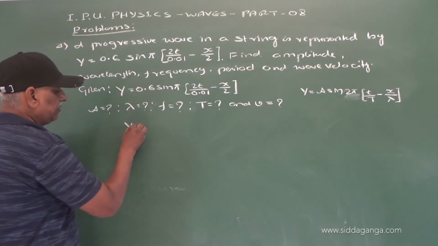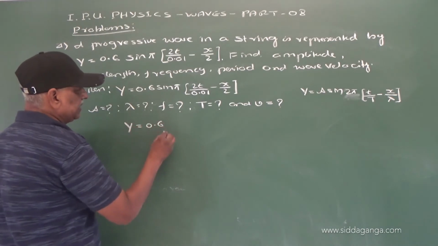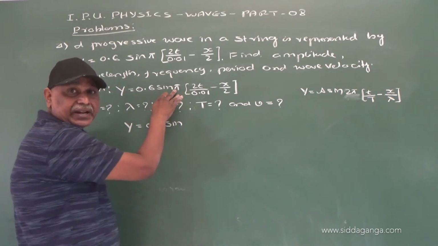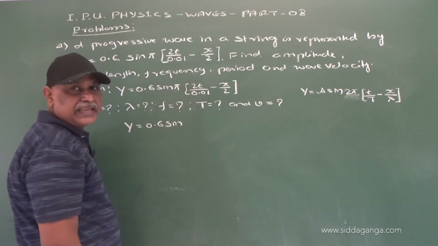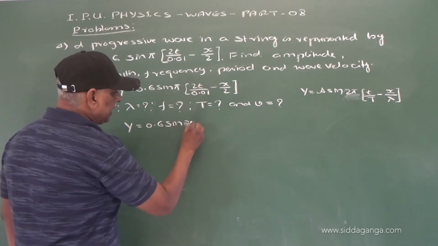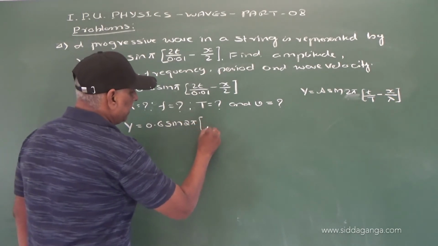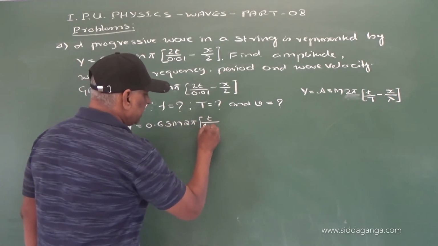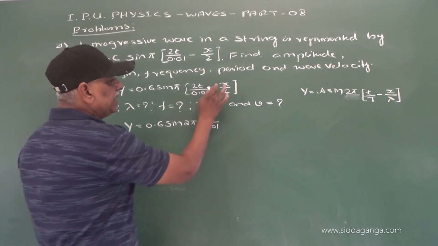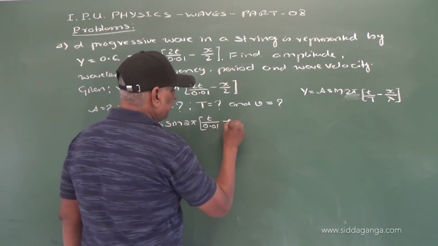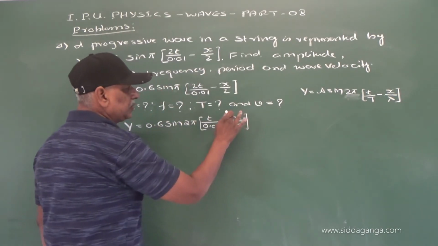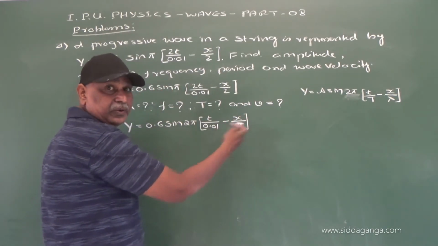So now this equation y can be written as 0.6 sin. We need 2 pi here because the standard equation has 2 pi. Taking 2 outside, 2 pi, now this becomes t by 0.01, and when I take this 2 outside, this becomes x by 4, because it is x by 2 into 2.